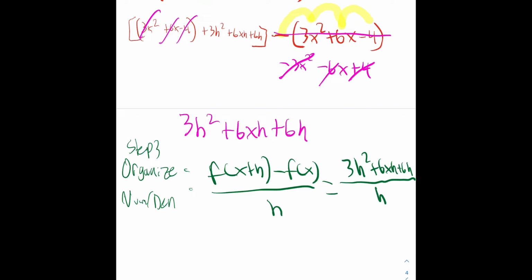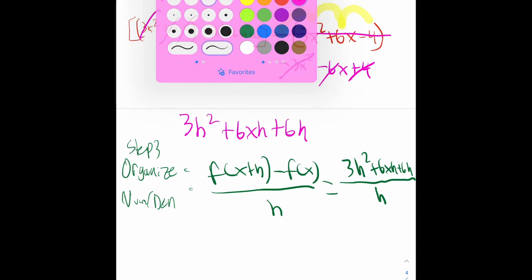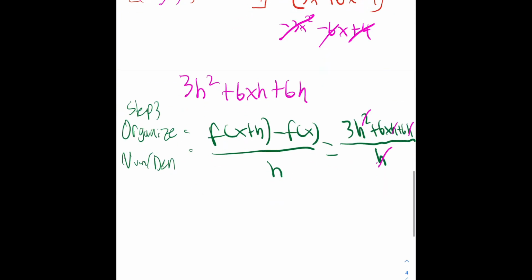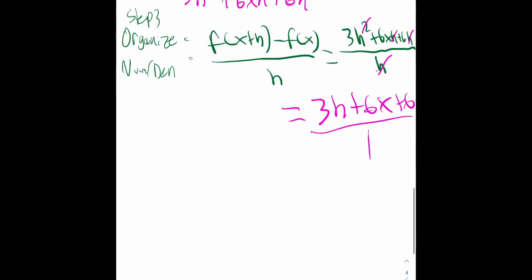And so we can, again, realize everything we're trying to do is to factor out this h. So we get 3h plus 6x plus 6, and then all over 1. You don't need to necessarily write that.